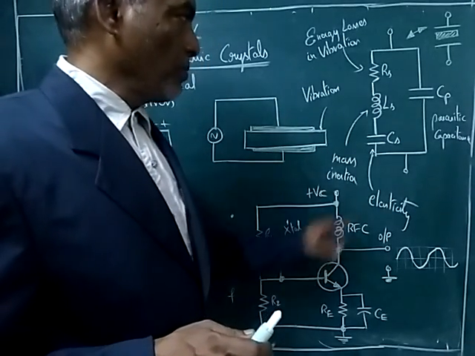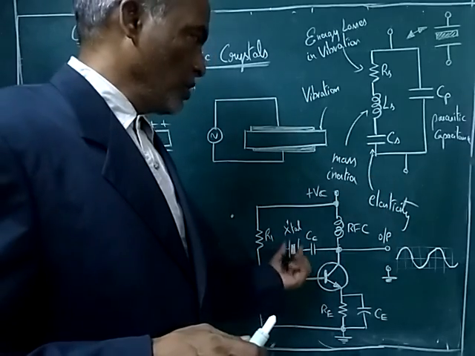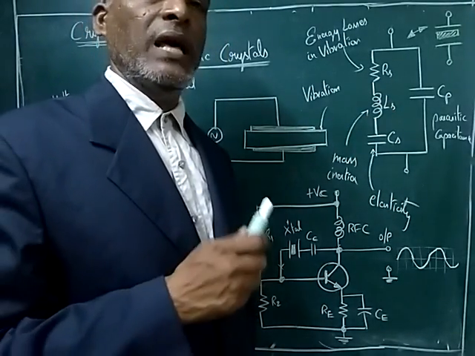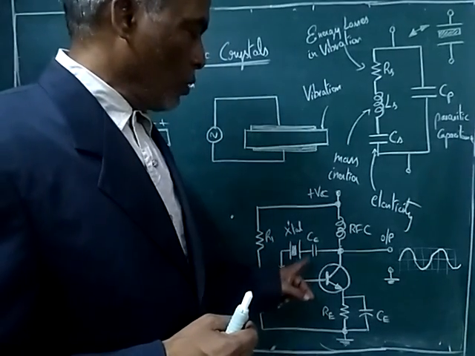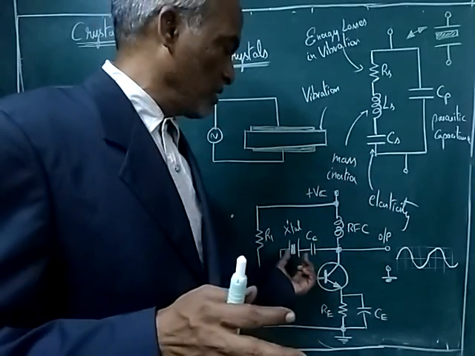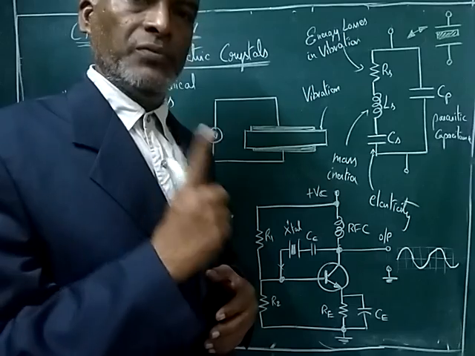Assume this crystal is operated in series resonance, with RS, LS, CS. That means it is going to allow one frequency with some bandwidth. Only one frequency is allowed, all others are rejected. Why rejected? Because it's a series resonance circuit, at the resonant frequency it will allow only one frequency.